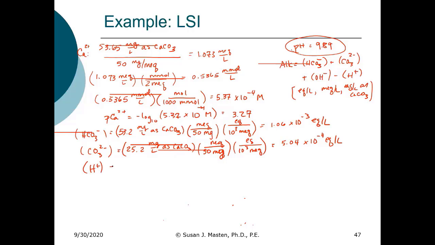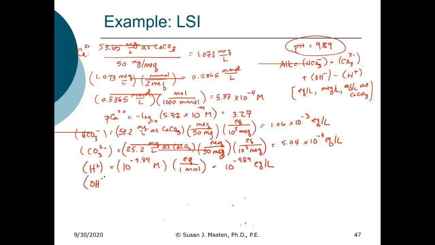H plus is equal to 10 to the minus 9.89, and that's molar units. And there is 1 mole per equivalent for H plus. So this is 10 to the minus 9.89 equivalents per liter.